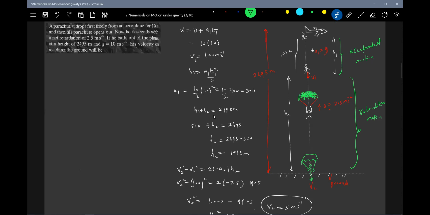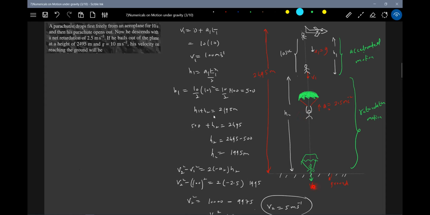All the calculations are involved, the amount of retardation, looking at the height where you bail out. The retardation also can be controlled by using these strings.